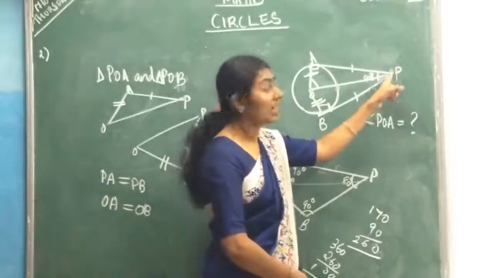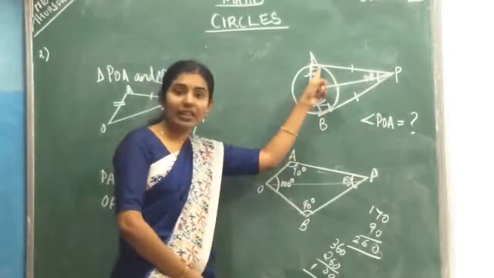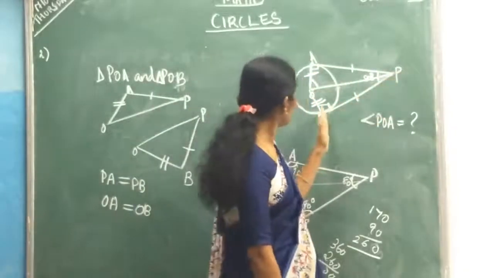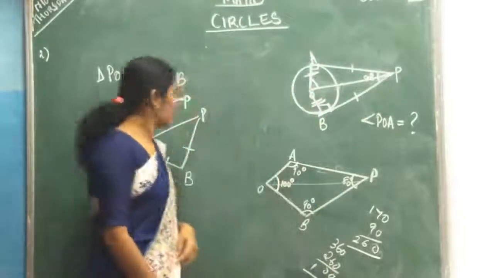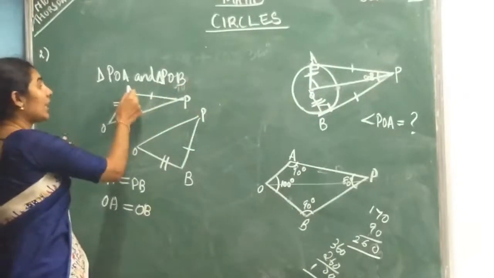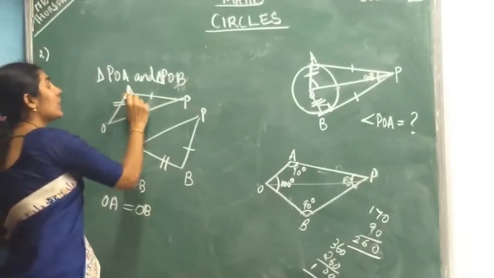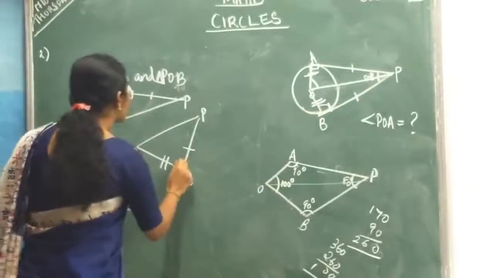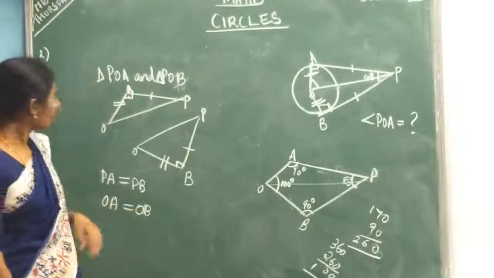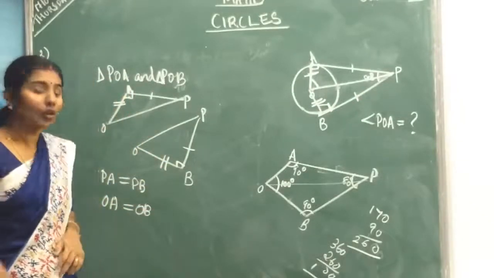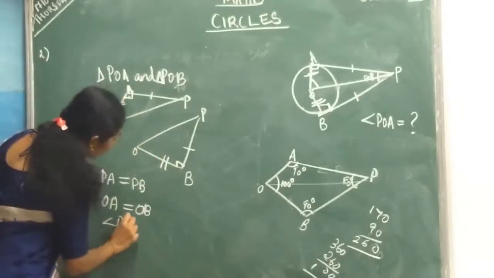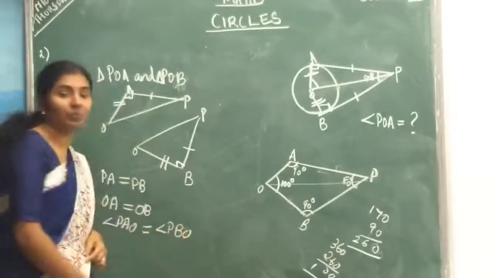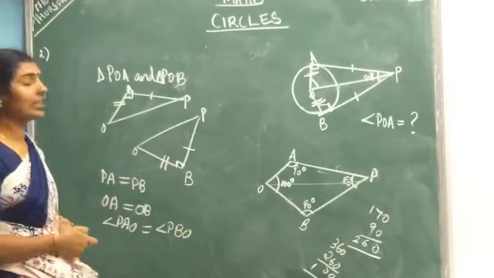Now we see, what about this angle? Angle PAO is 90 degrees. Similarly, what can you say? Angle PBO is also 90 degrees. That means these two angles are equal. Angle PAO equal to angle PBO. Now we see what we are getting.